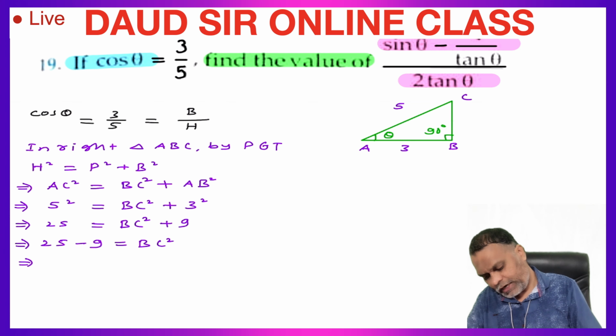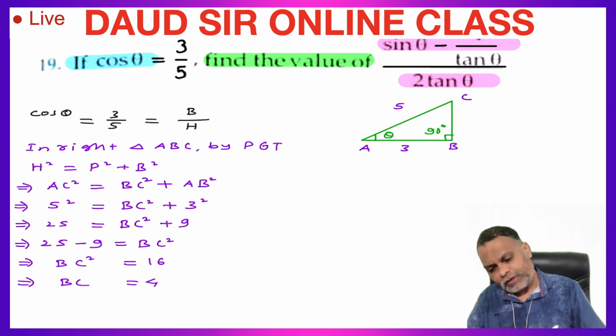So BC square is 16. Take under root, so BC is equal to 4. So this missing side is 4.